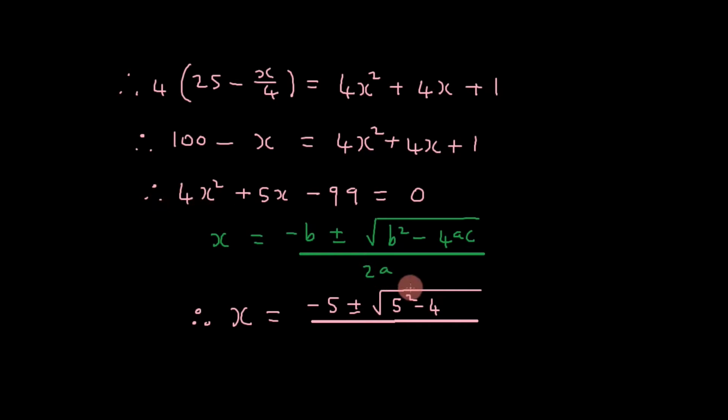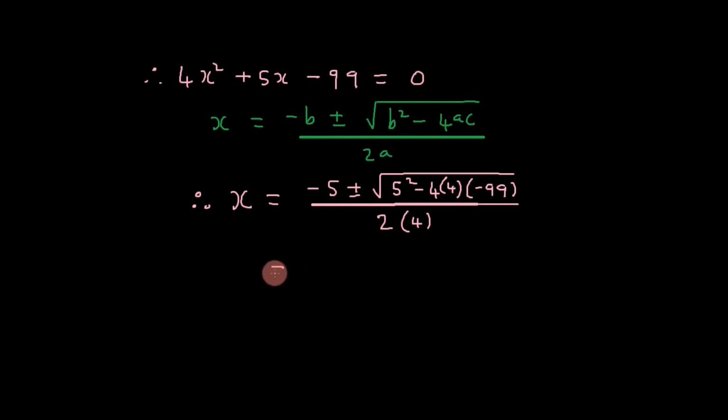A, of course, is 4. So 4ac, and c is negative 99. This is all over 2a. So 2 times 4. We can first work out under the square root, and it comes to 1609. This is all over 8.